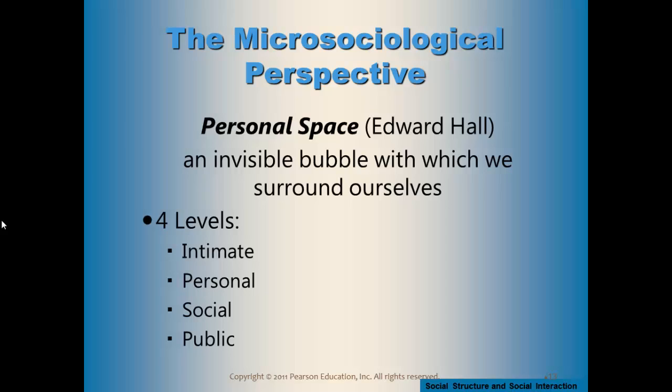So let's say, for instance, the public perspective, when you're just conducting business with somebody, you probably have a 3 feet, 4 feet distance, where you're conducting business across a counter, or you're talking to somebody about a real estate transaction or something like that.